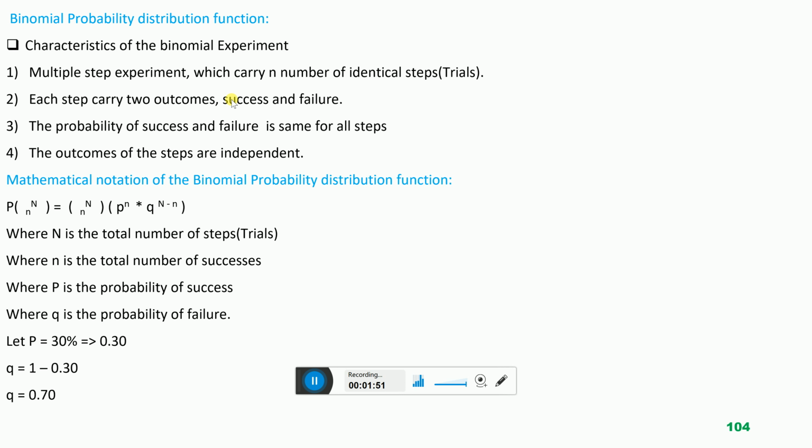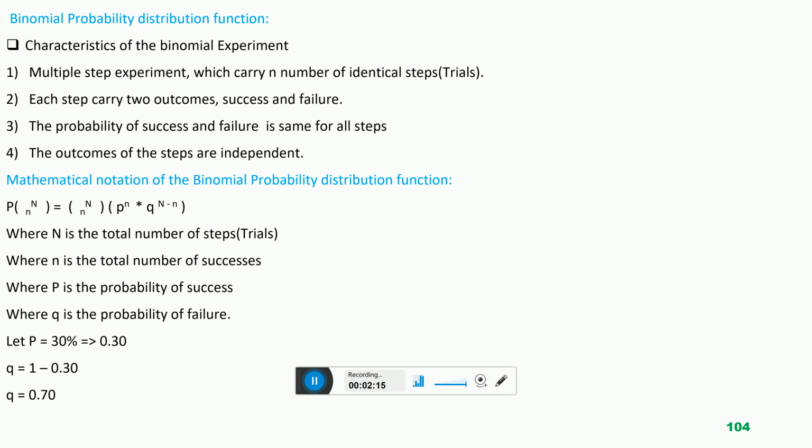Second characteristic of the binomial experiment: each step carry two outcomes, success and failure. Each step of the experiment must carry two outcomes, success and failure. Third characteristic of the binomial experiment: the probability of success and failure is same for all steps or trials.